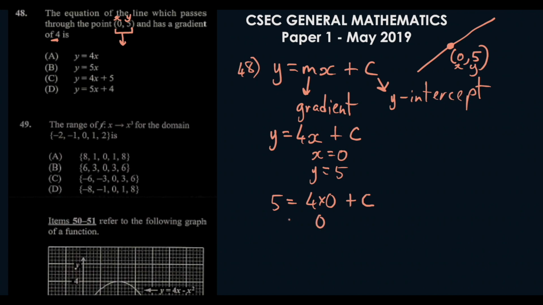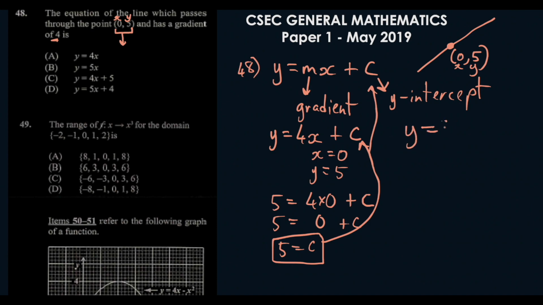That's 0. And that's 5. So 5 plus c, we'll end up with c being equal to 5. Now, if I re-substitute it into this equation up here, we'll end up with y is equal to 4x from the gradient plus 5. Based off of this is our answer here.